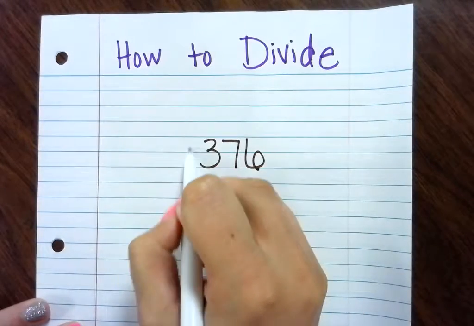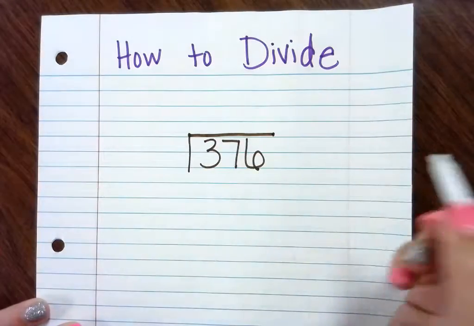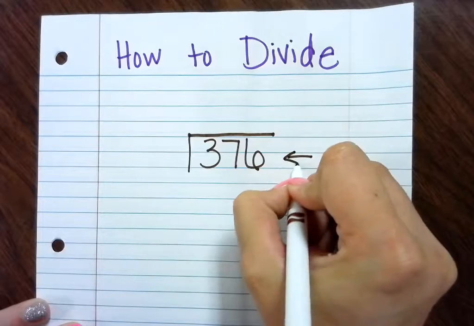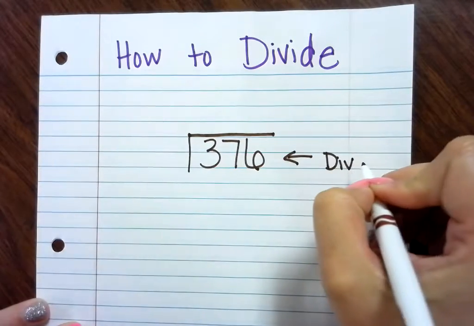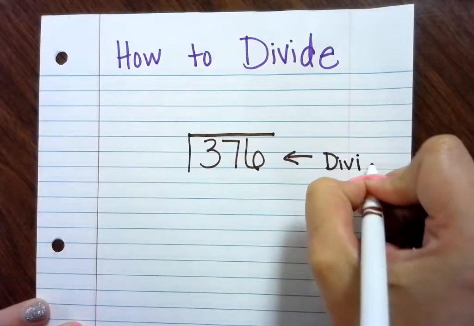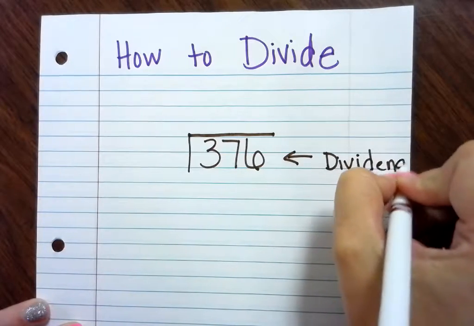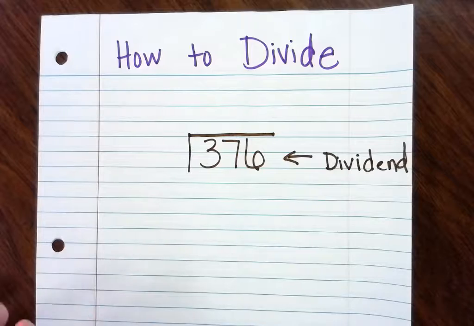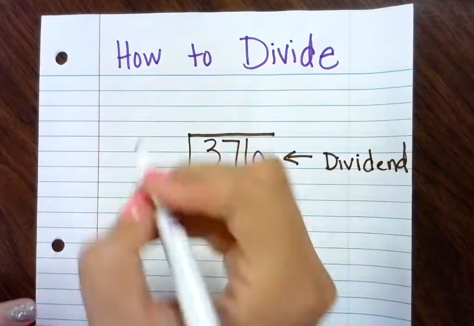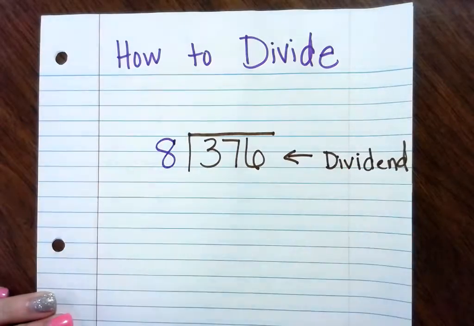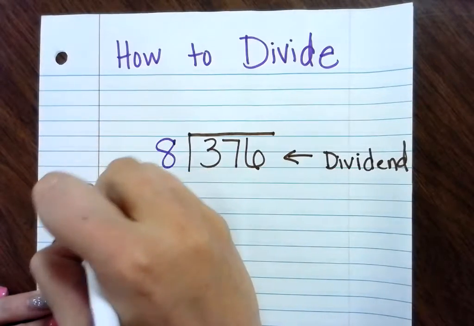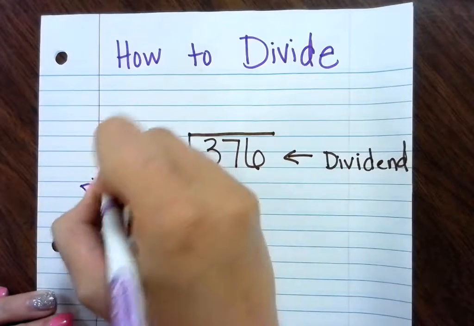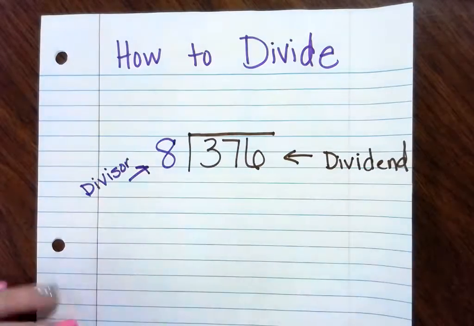And I want you to put that number in the house. I want you to label this number the dividend. Outside of the house, our visitor, I want you to write an 8. And this is the divisor. Your visitor, remember?